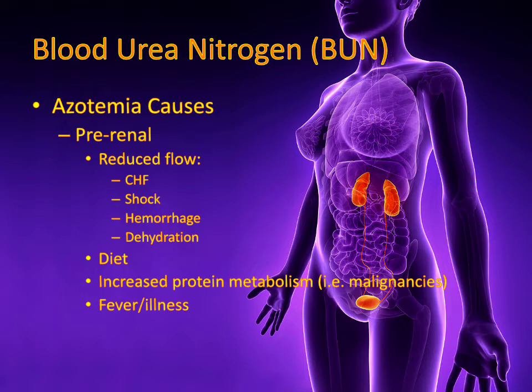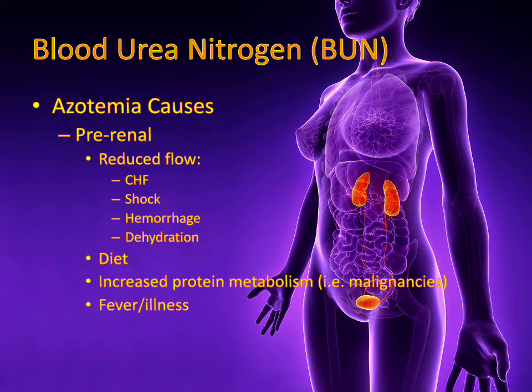We'll start with azotemia. The causes of this condition can be either renal, pre-renal, or post-renal. Pre-renal causes can be due to reduced blood flow, low blood pressure, or both. For example, congestive heart failure, shock, acute hemorrhage, and even dehydration.